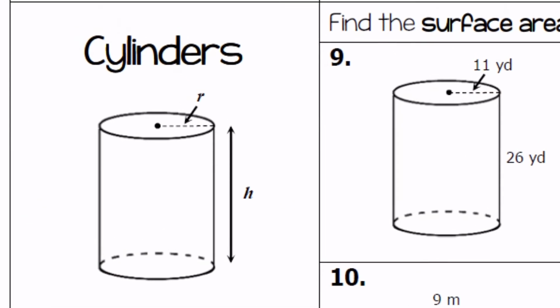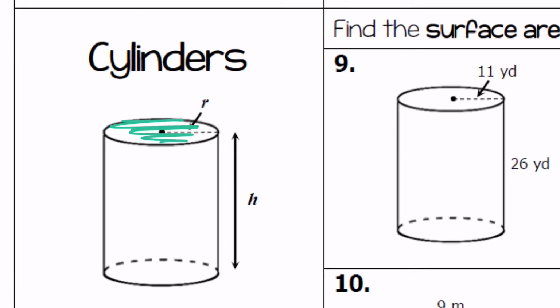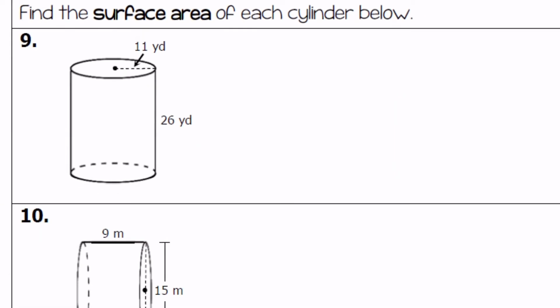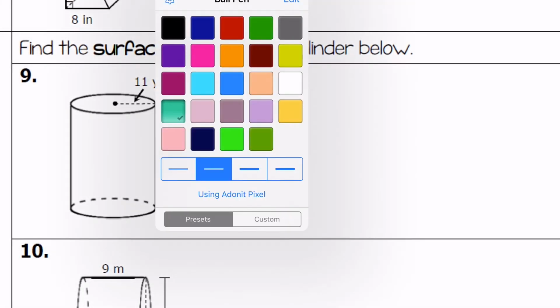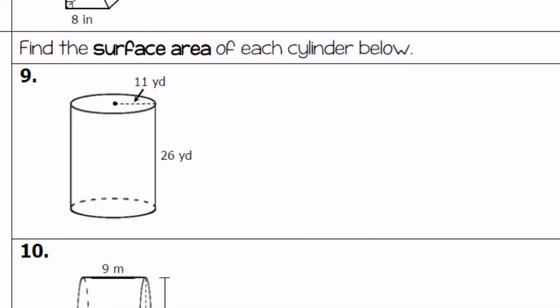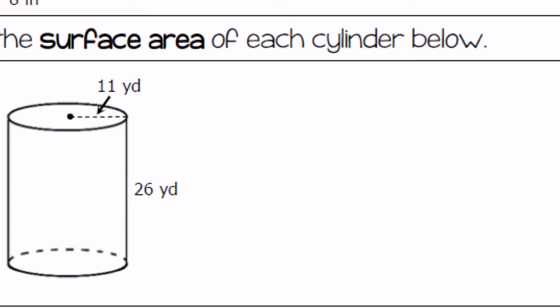So 2 times the area of the circles that make up the cylinder. So pretty self-explanatory, I think. With cylinders, I just put it all together into one formula because my r is 11, my h is 26, and that's really my only variables I have.